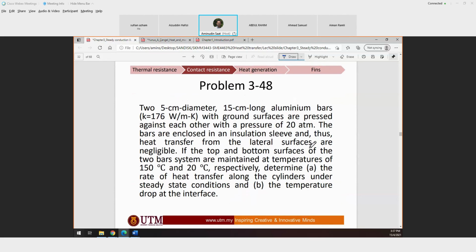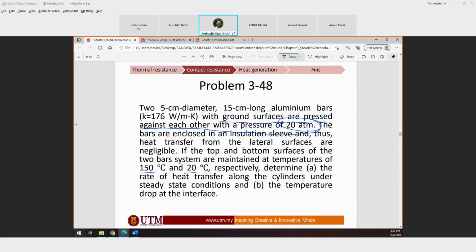Okay, see this example. Not an example, actually it's a problem. So it's mentioned here, the ground surfaces are pressed against each other with a pressure of 20 atm. The bars are enclosed in an insulation sleeve, and the top and bottom surfaces of the two-bar system are maintained at 150 and 20 degrees Celsius. So here you need to consider the contact resistance for this aluminum bar.